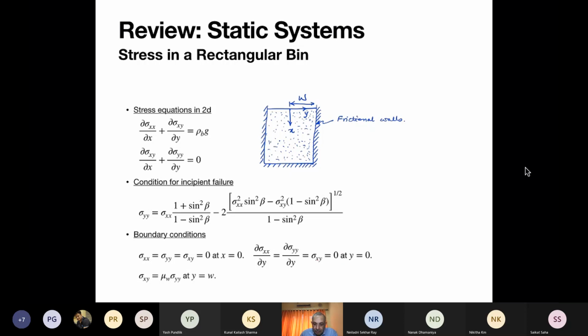So this is at y equal to 0, and at y equal to w, you have a frictional wall, which gives us that the shear stress is the coefficient of wall friction times the normal stress acting on the wall. So this is our problem that we want to solve.